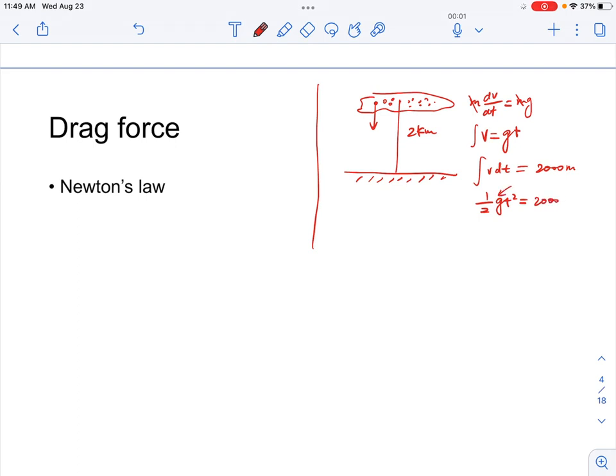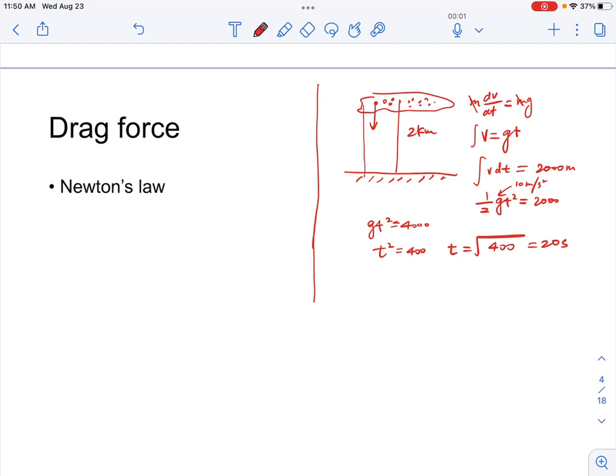Further, if you assume that g is 10 meters per second squared, you're going to have gt squared equals 4,000, then t squared equals 400, and t is just the square root of 400. That's 20 seconds. Okay, so then you know the total time for the particle to settle down.